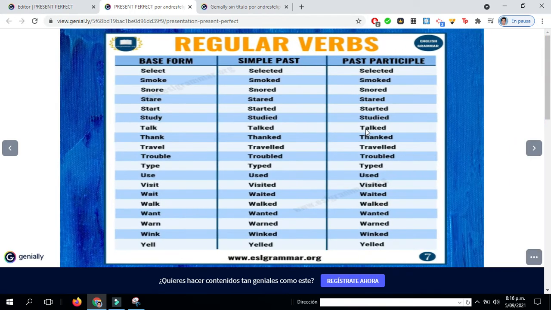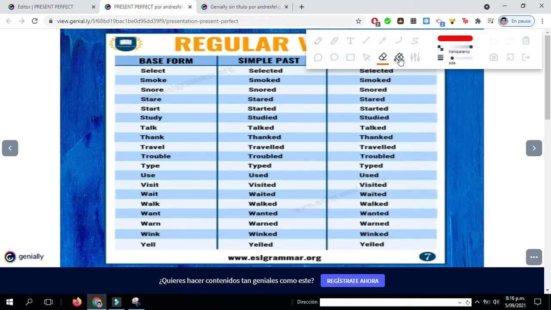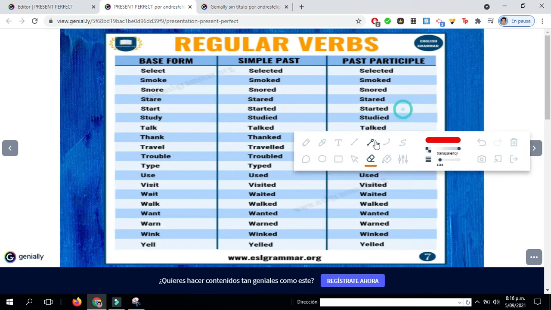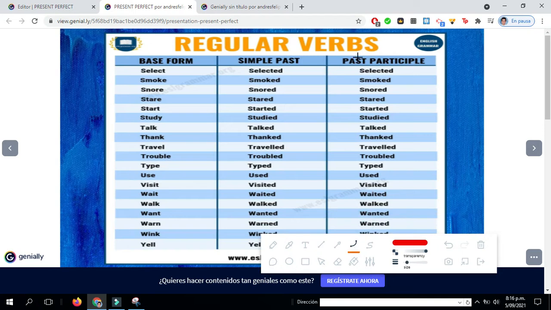The second important aspect of the present perfect is that when I want to write a sentence, a question, or a negative sentence in the present perfect tense, the most important thing is to conjugate the verbs in the past participle form.